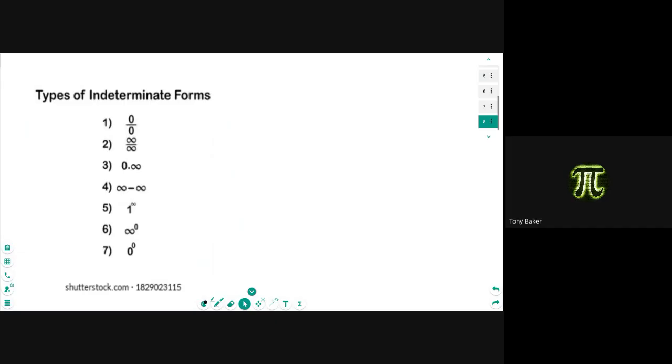The problem is when we're looking at doing limits, which one gets there first? Because remember, we're not talking about it as at that exact point. We're talking about as it gets to there. So if it's getting to 0 faster than it's getting to infinity, the answer would be 0. If it's getting to infinity faster than it's getting to 0, then the answer would be infinity. That's what makes it an indeterminate form.